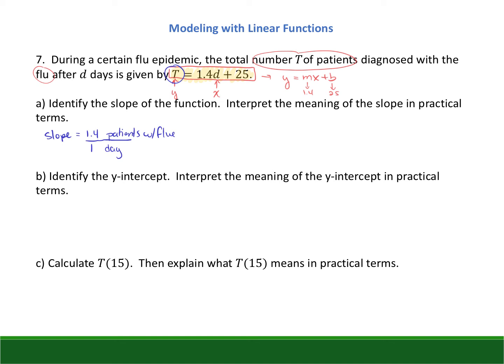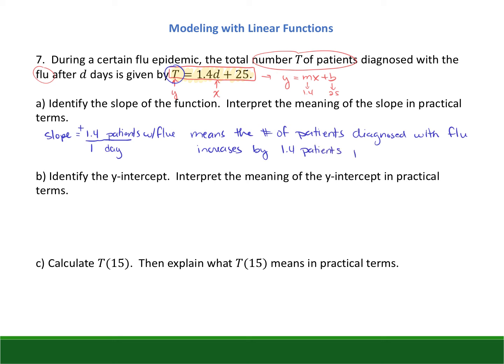So the meaning of the slope is this. It means the number of patients diagnosed with the flu increases, and the reason why I'm saying increases is because the slope is positive, by 1.4 patients.